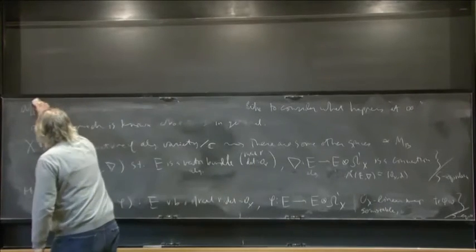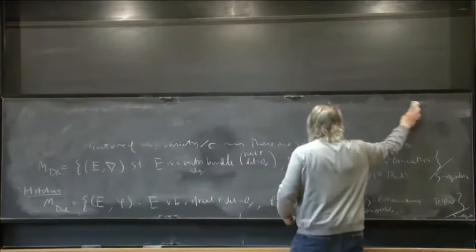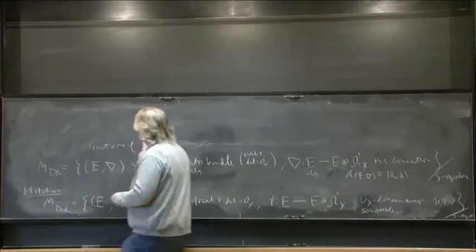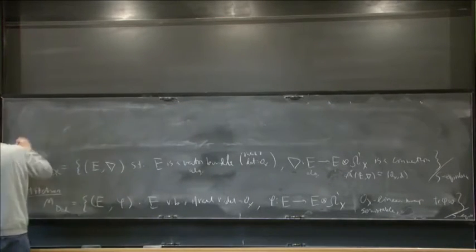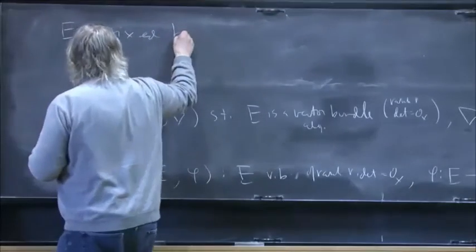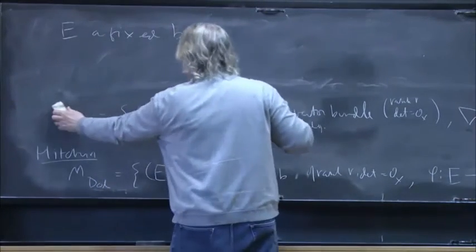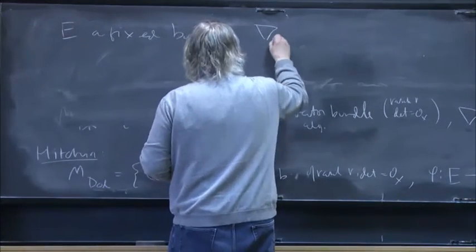And to just make things simple, let's assume that our bundle E is a fixed bundle. And we have this family nabla T.